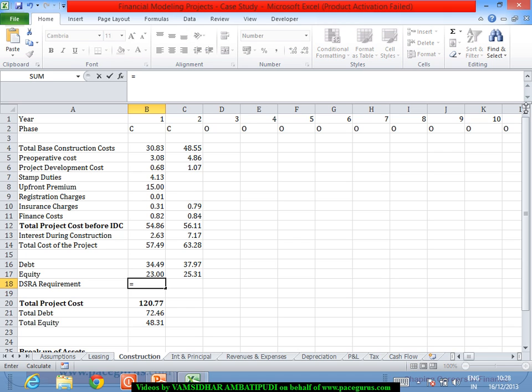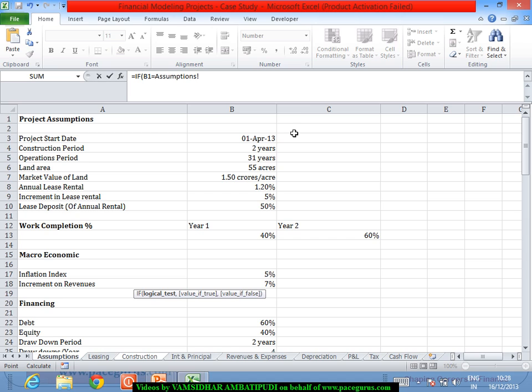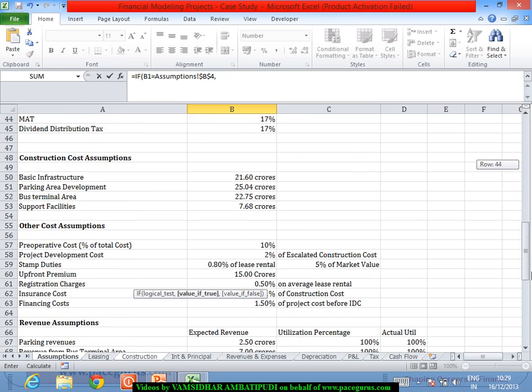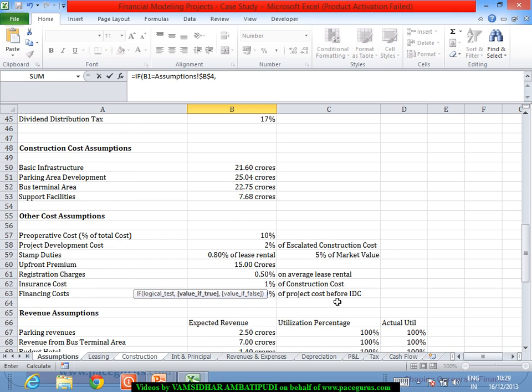So what I would simply do is, if this is equal to the construction period, this is one more addition that I am bringing in now. If this is equal to the construction period, I am saying maintain the 50% of your... where is that?